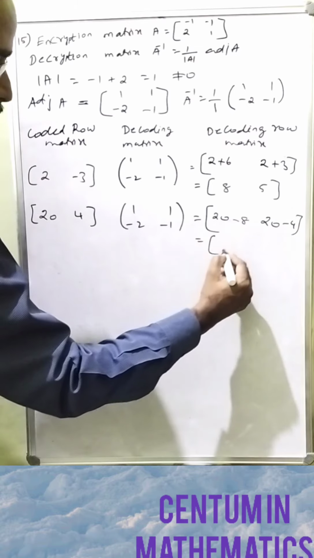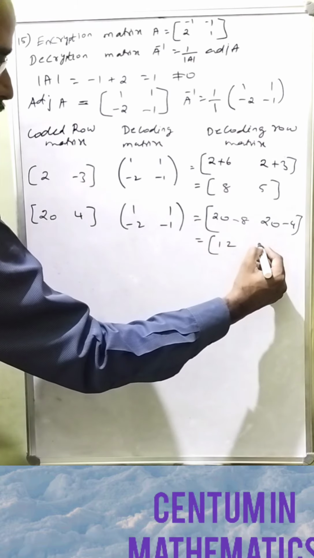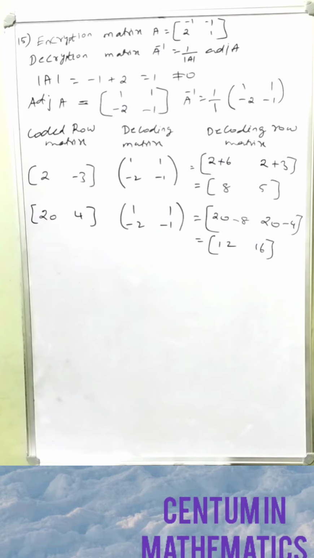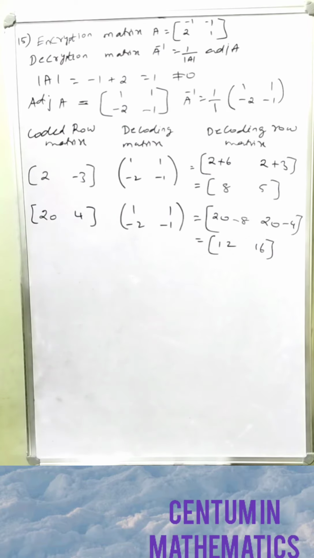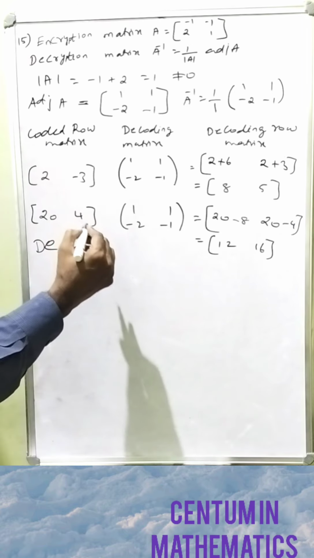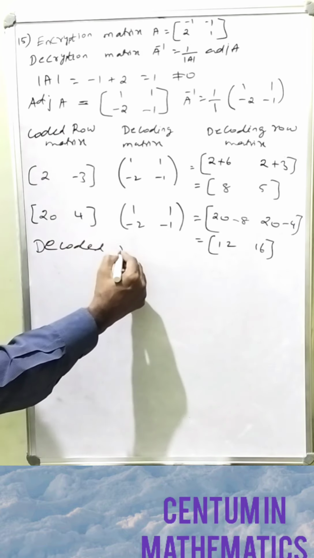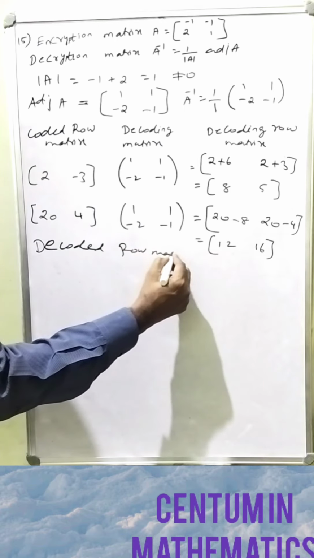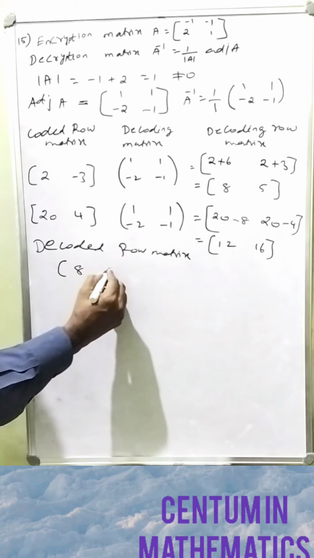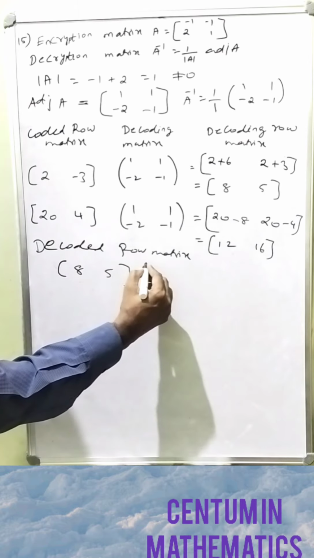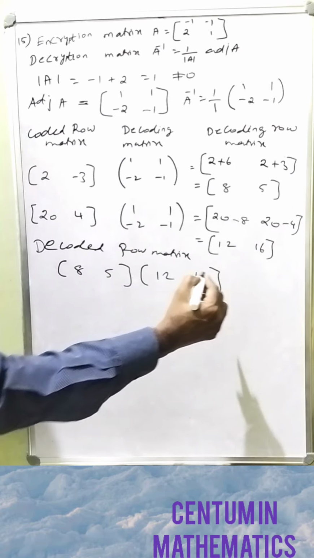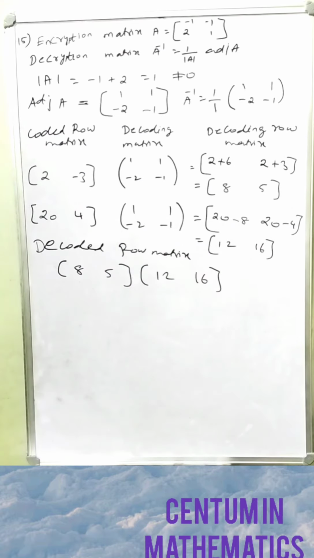So we get here 12, there 16. Okay. Now we can write the decoded row matrix: 8, 5, 12, 16. Okay, the decoded row matrix we got.